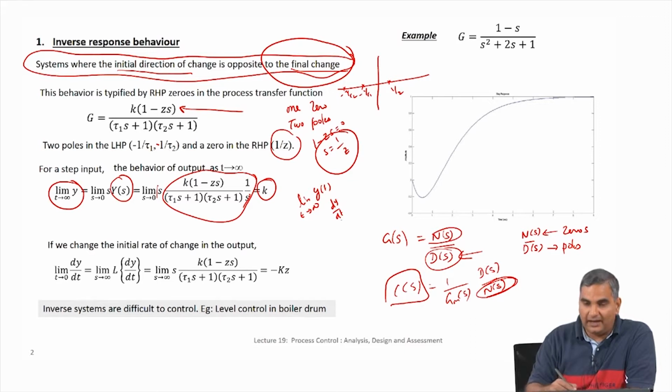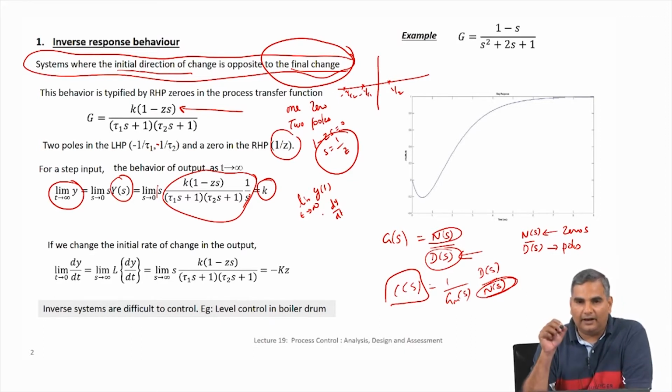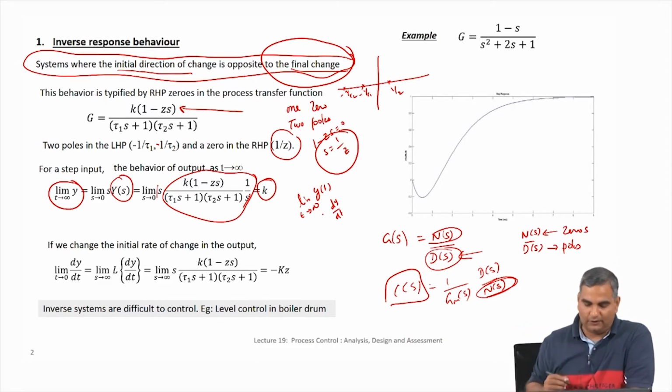If this is negative, then I start at time t equal to 0 at a value of y equal to 0, and if dy by dt is negative initially, at least right after this system starts responding to the step input, it has to go in the negative direction because dy by dt is negative and I start with 0. So, I have to get negative numbers for y, and this only talks about what happens initially. We have already shown finally y is going to take a positive value from the final value theorem.